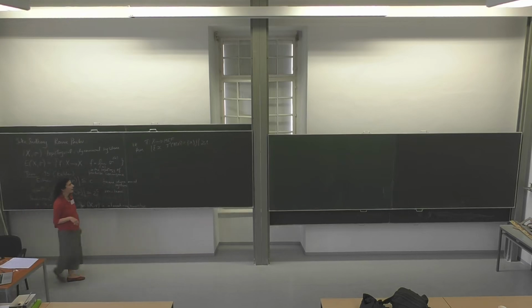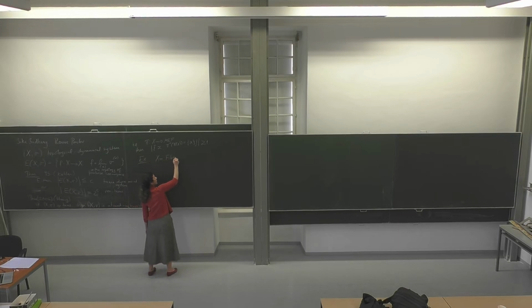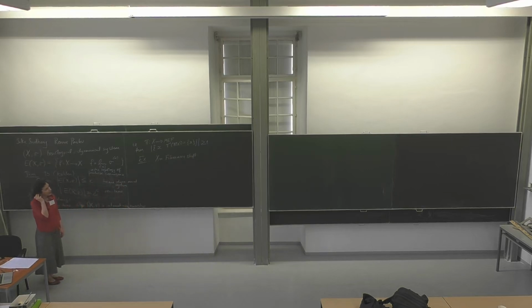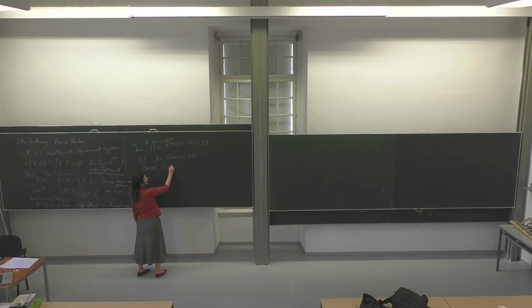So let's look at an example. The example is if X is the Fibonacci shift. I'm not going to define it, even though most of you know it, but let me try and tell you why, because I'm going to define the Tribonacci shift in a minute. So the reason, intuitively, is that the Fibonacci shift is almost automorphic.